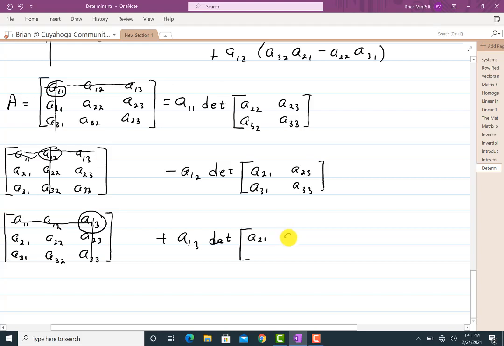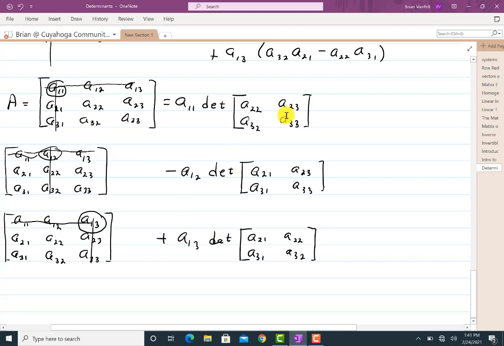A21, A22, A31, A32. And let me see if I've got that matched up. So A21, A32, there's that way. And then I have A22, A31, there's that way. Exactly. So that's how we figure out the determinant of a 3 by 3 matrix. We go across this row, what they call expanding across the first row, and we get these things.